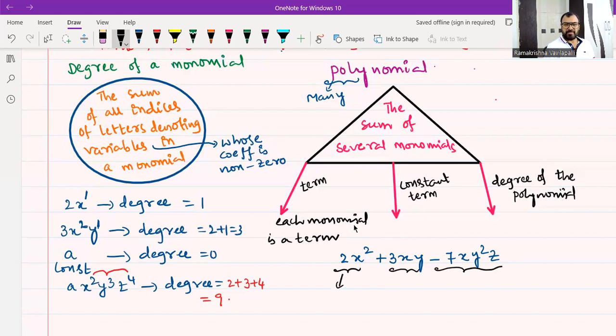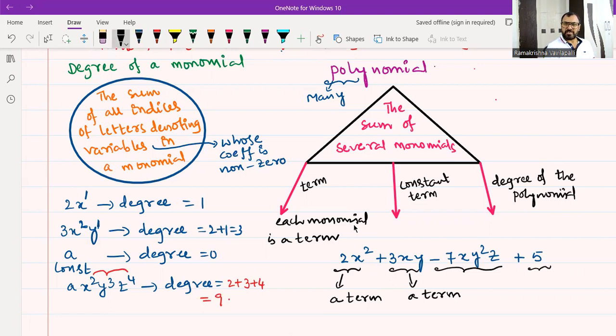So this is a term. This is a term. Like this. Now, what is a constant term? Here, I'll write one more term so that we can understand: 5. It is also a monomial.